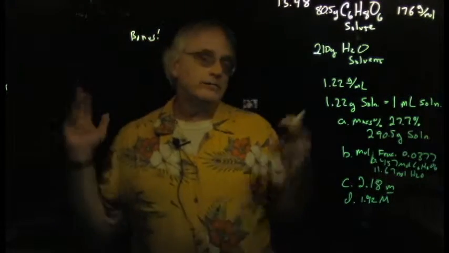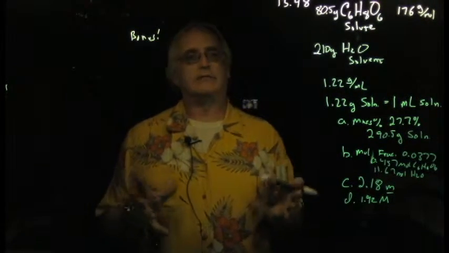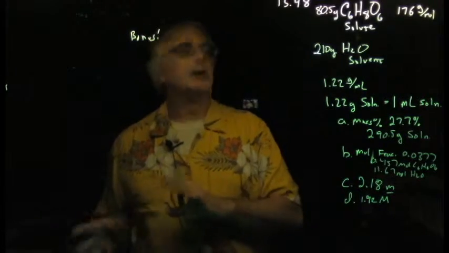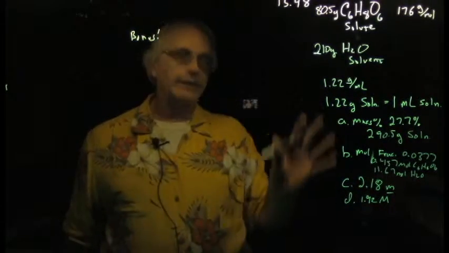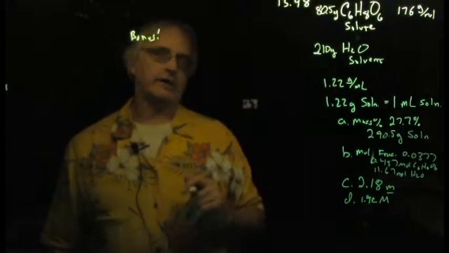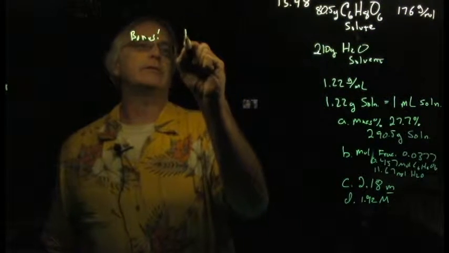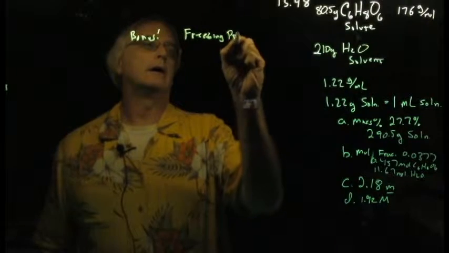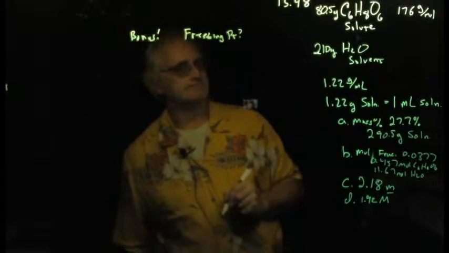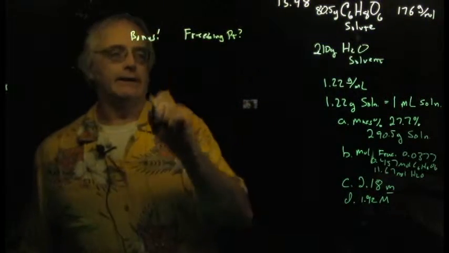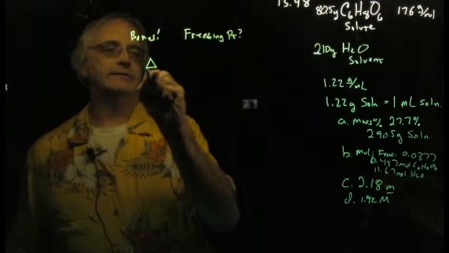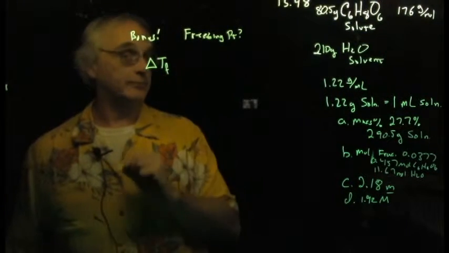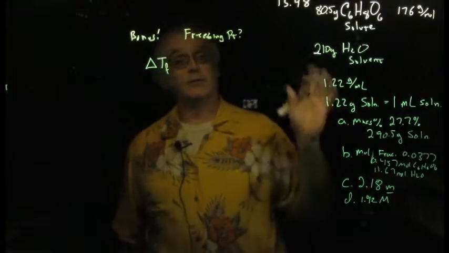Okay, for the bonus, I just simply wanted to tack on something we've already done in lab, but it follows directly from these types of calculations here in chapter 13, and that is, what is the freezing point of this particular solution? Now, recall that the cute little freezing point calculation is the freezing point depression, how far the freezing point will go down.